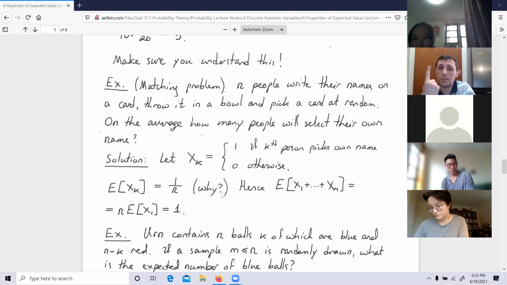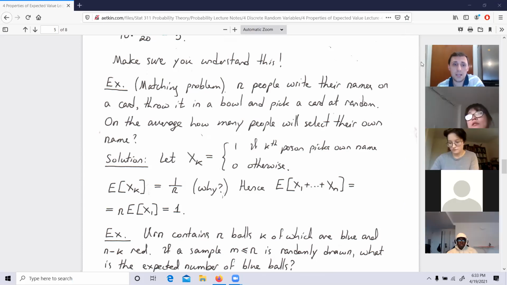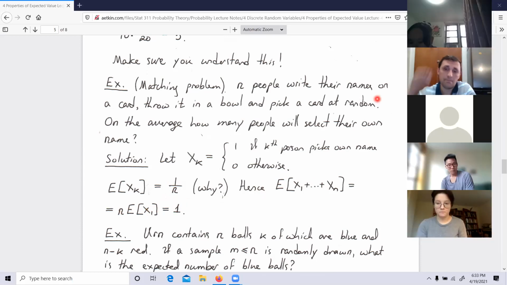So it's 1 times 1 over n plus 0 times (n minus 1) over n. So it's just 1 over n. The expected value of each xk is 1 over n. And the summation is just the sum of each expected value. Since they have the same expected value, it's n times 1 over n, and the answer is 1. Do you see that?